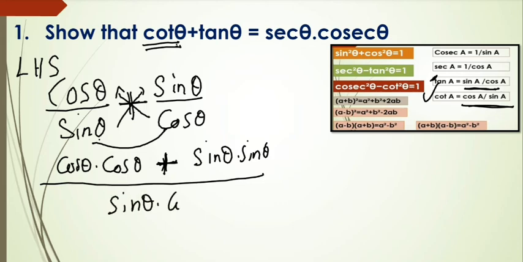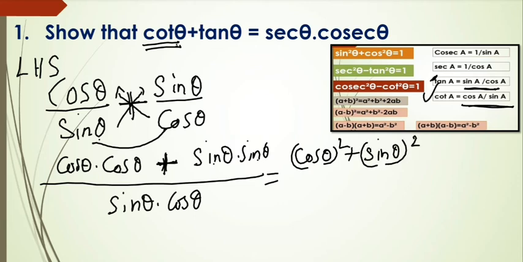So this is equal to cos theta into cos theta, which is cos theta whole square, plus sin theta into sin theta, which is sin theta whole square, by sin theta into cos theta.